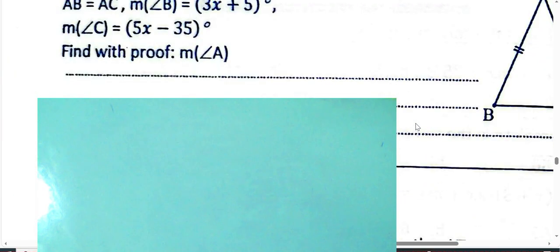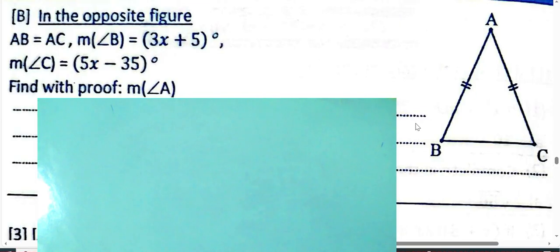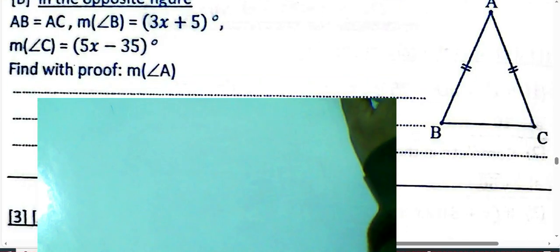Okay, my students, study hard on this example. Find with proof the measure of angle A. We have an isosceles triangle such that AC equals AB in triangle APC.